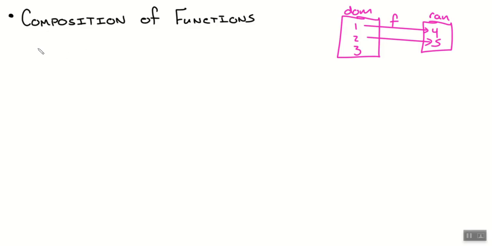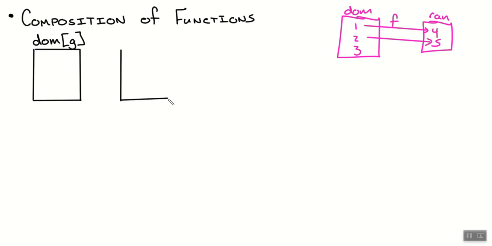If we start here, let's say that I had a function, and we're going to do some specific labeling. I'm going to call this the domain of a function that we call g. Okay, and I can put numbers and stuff in here if you want, if we need them. But whatever's in the domain of g, it's going to move to the what? So careful.